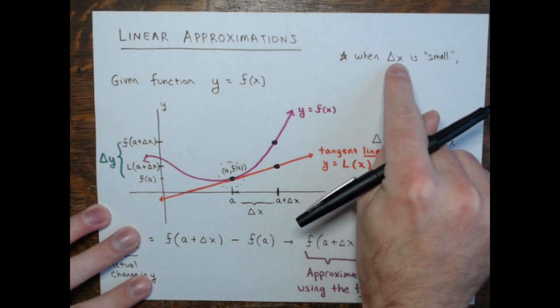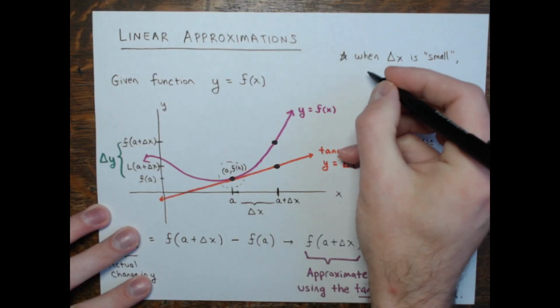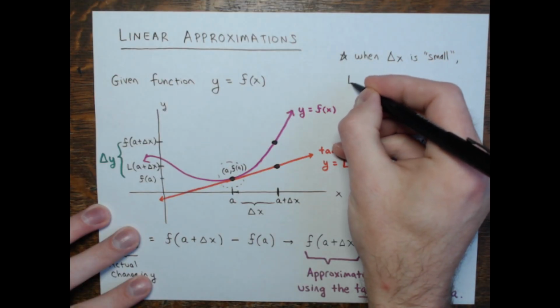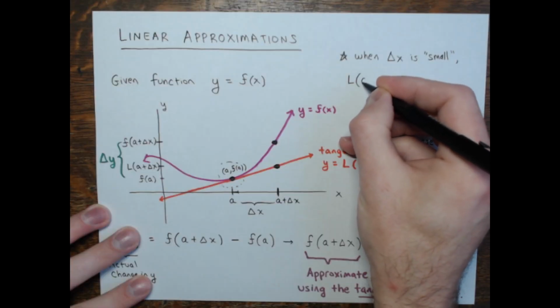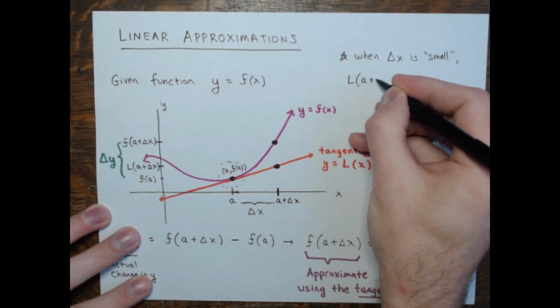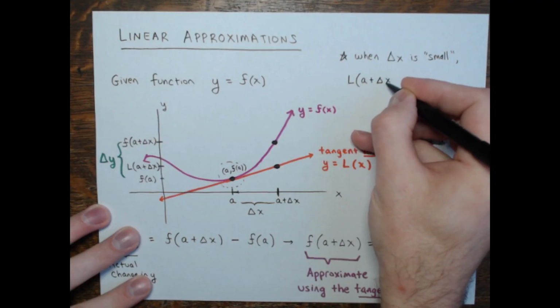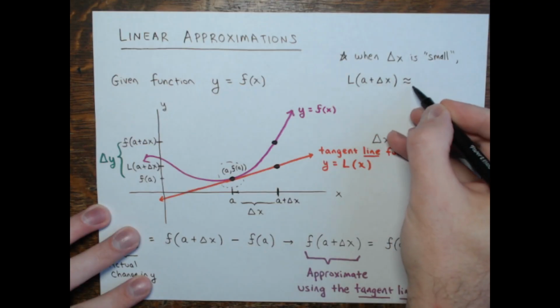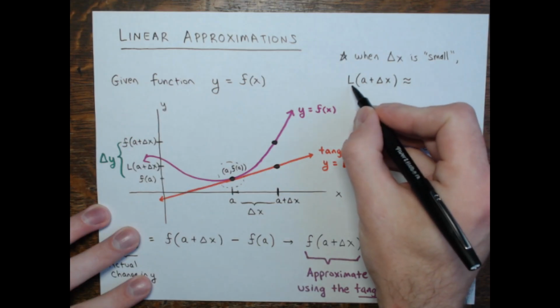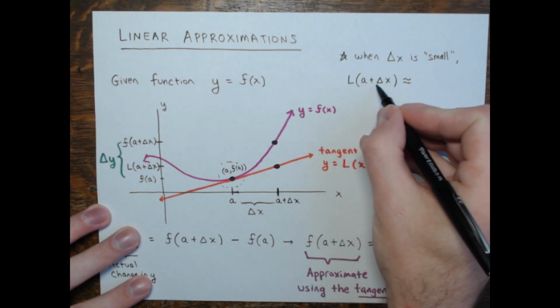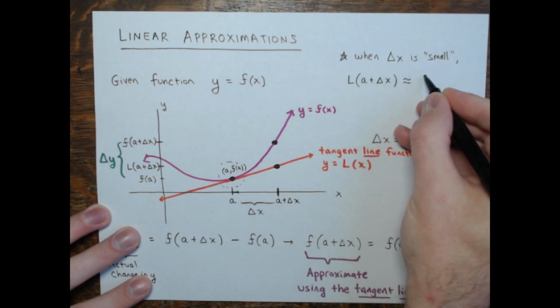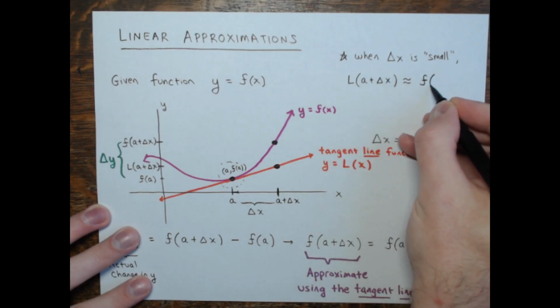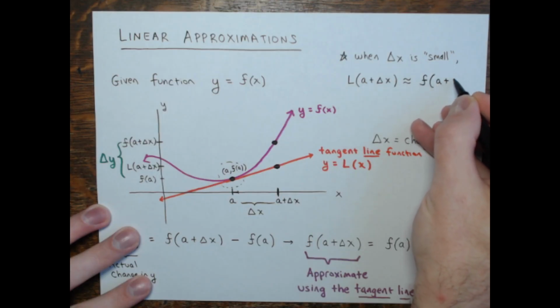So when this change in x, this delta x, is small, the value of L, the value of the tangent line at a plus delta x, will be approximately, the little wavy equals sign, the value of the function itself at a plus delta x, right?